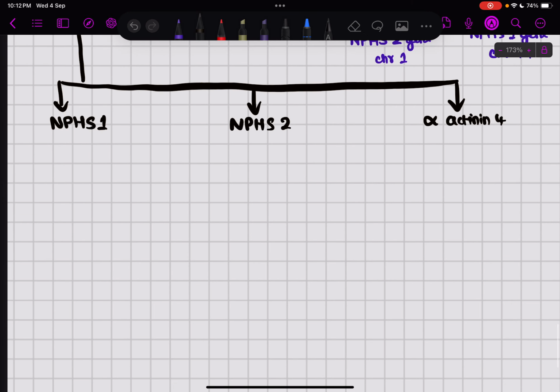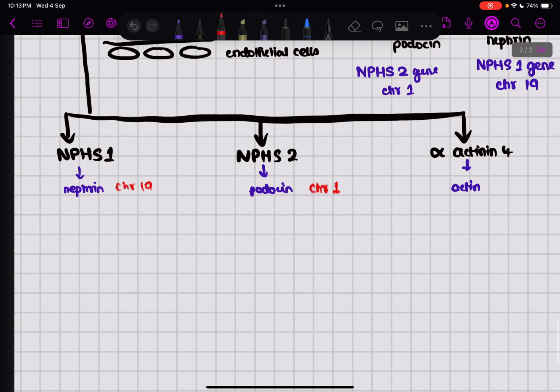NPHS1 gene produces nephrin. NPHS2 gene produces podosin. Alpha actinin 4 is actin. NPHS1 is on chromosome 19, NPHS2 is on chromosome 1. For this one, the chromosome has not been specified.